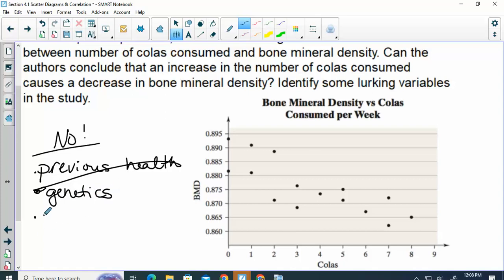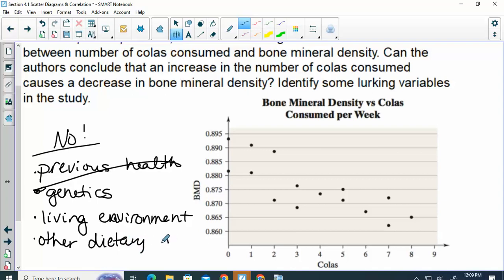Where you live. Maybe other dietary choices. So just be very, very cautious. You can say they're related, you can't say one thing causes another.